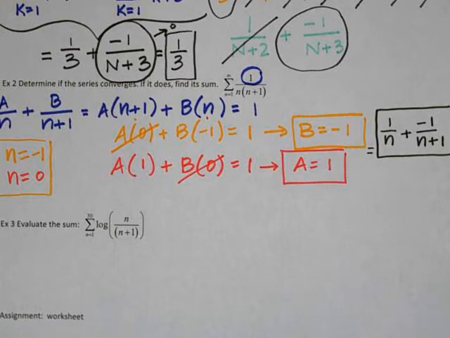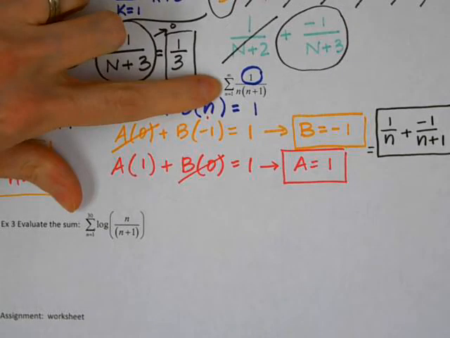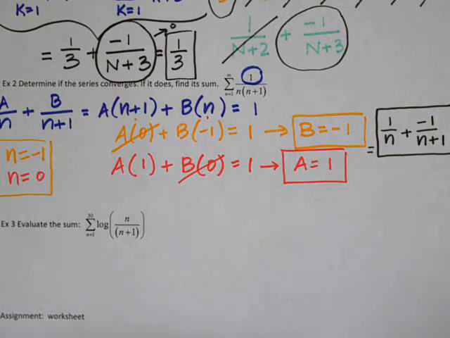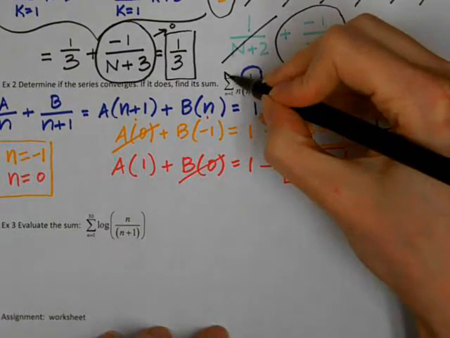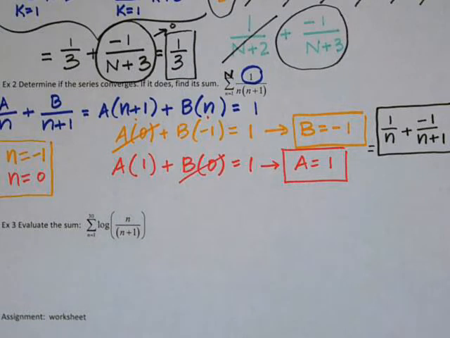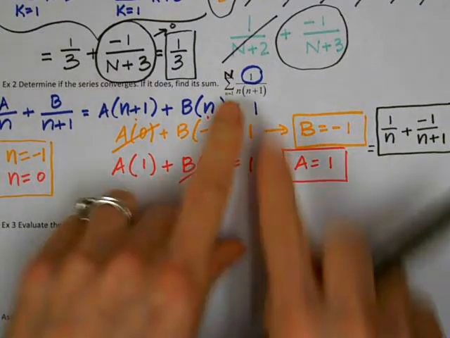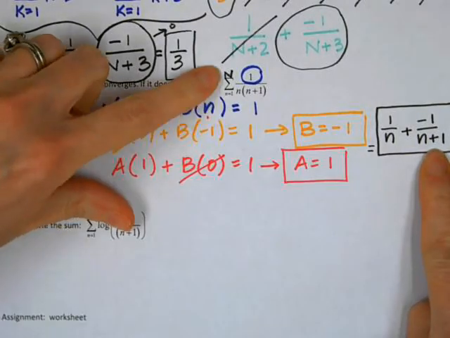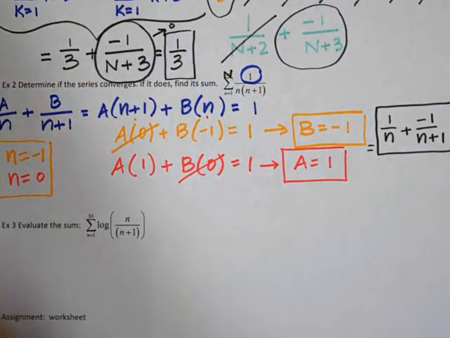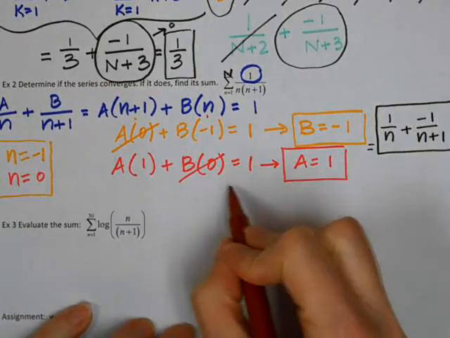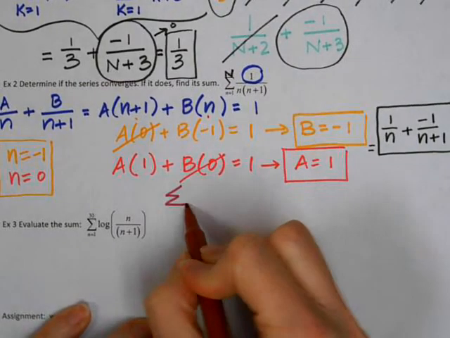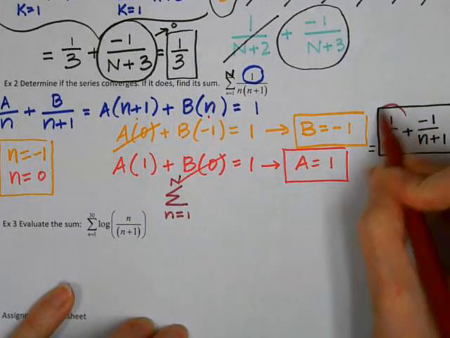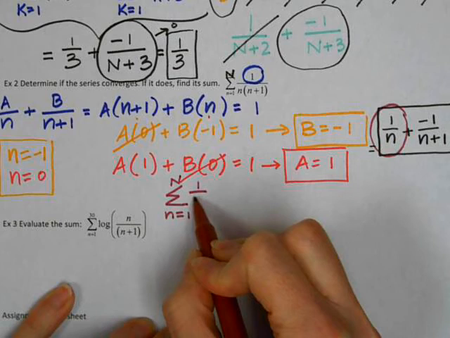Now we have to do the actual problem. And again, since we're going from 1 to infinity, since we can't really do infinity, let's call it capital N, and let's write a separate summation with the two partial fractions going from 1 to N. All right, so the first one is going to be the summation from n equals 1 to capital N of only this one, 1 over n.